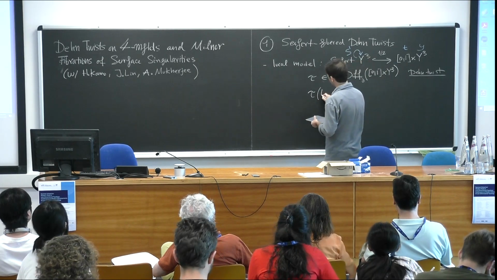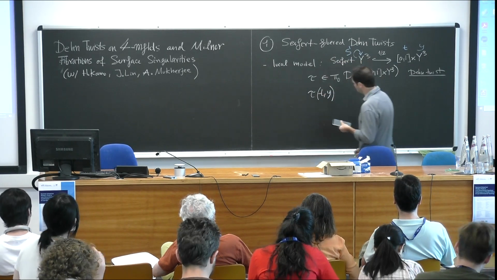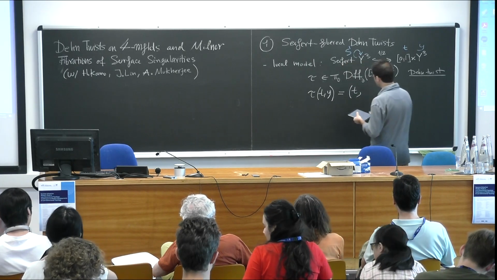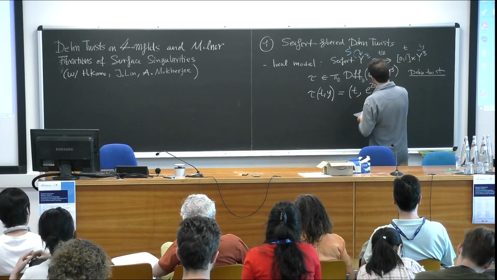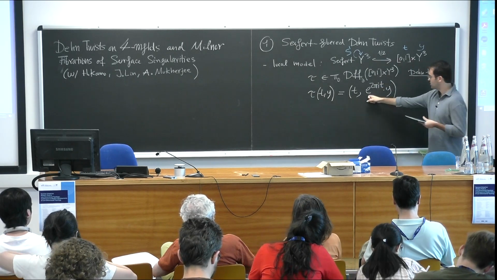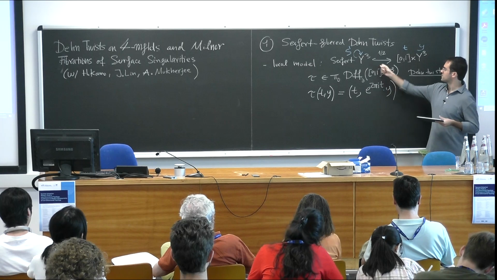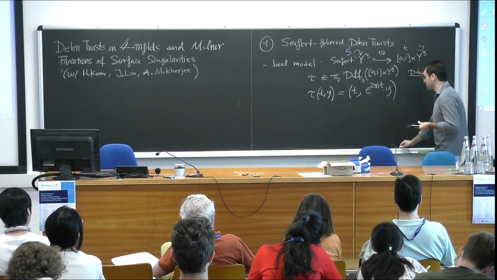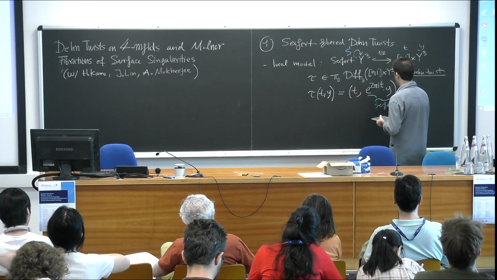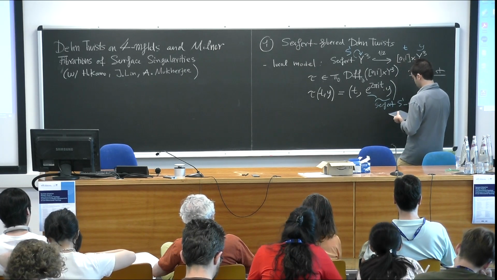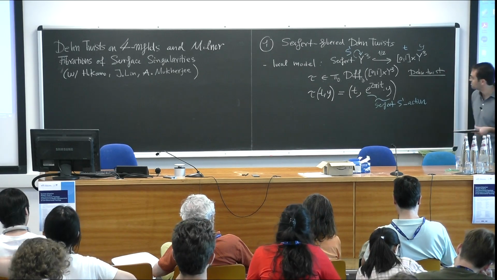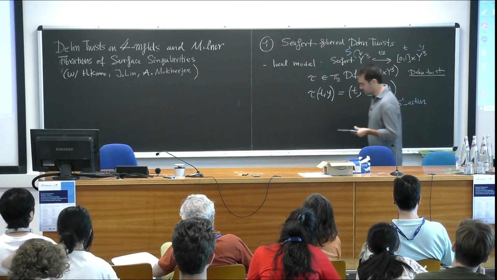Then the Dehn twist sends (t, y) to (t, e^{2πit} · y), where this denotes the Seifert circle action, the S^1 action. So this is the model case for the Seifert fibered Dehn twist.